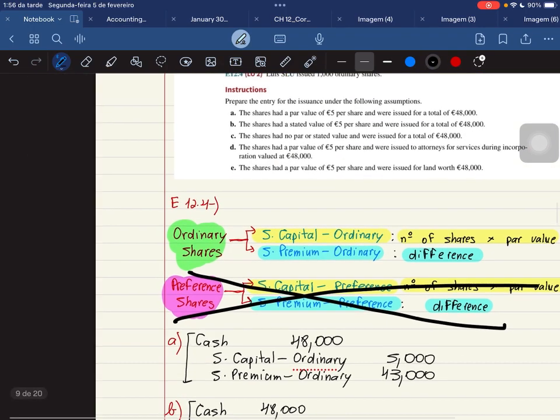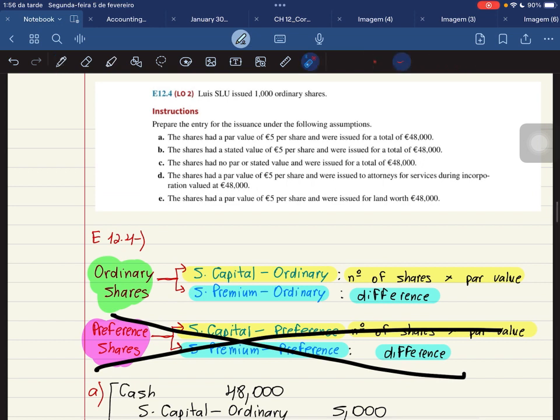D. The shares had a par value of 5 per share and were issued to attorneys for services during incorporation valued at $48,000. Well, in this case, we issued the shares not for cash. We issued them in exchange for something. In this case, we exchanged them for attorneys' services, right?